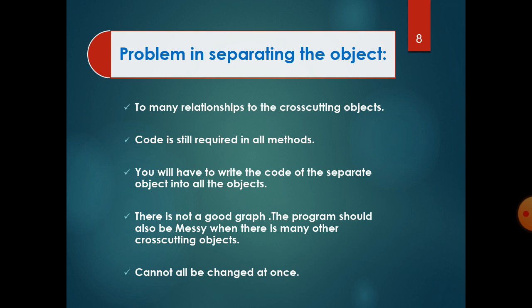Well, not exactly new, it is a little modification of object oriented programming, and it looks almost like it, named aspect oriented programming. So these are the different problems in separating the objects, and the foundations for why we need aspect oriented programming.